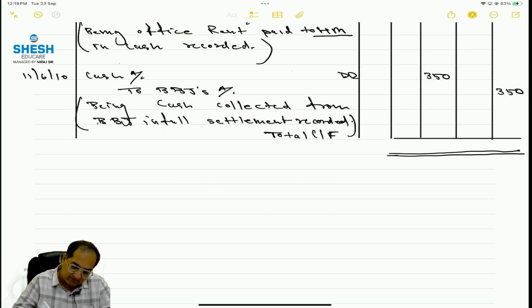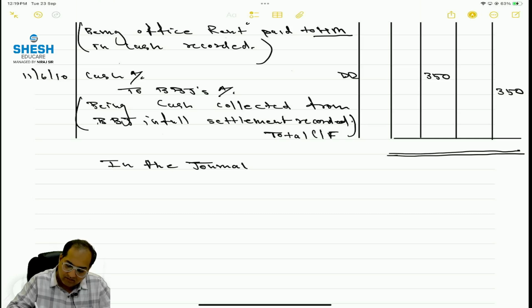We are on to the next page now. In the journal book of Selina Jetli.